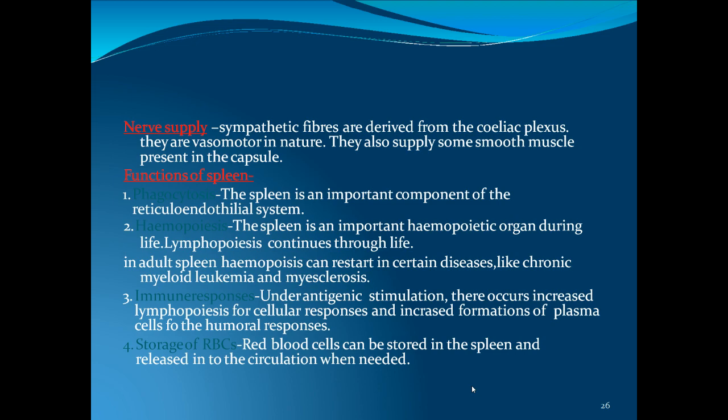In the adult spleen, hematopoiesis can restart in certain diseases like chronic myeloid leukemia and myelosclerosis. Under antigen stimulation, there is increased lymphopoiesis for cellular responses and increased formation of plasma cells for humoral responses. Red blood cells can be stored in the spleen and released into the circulation when needed.